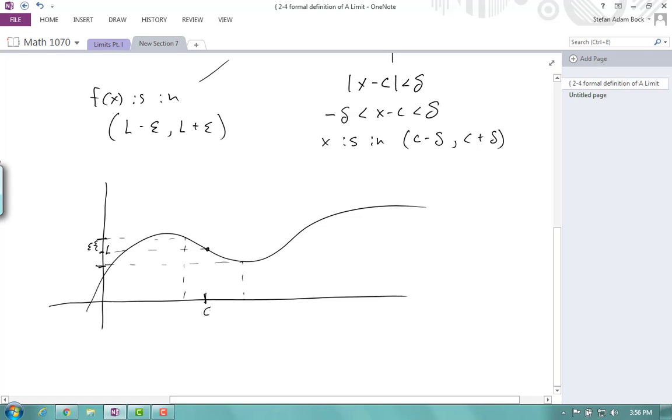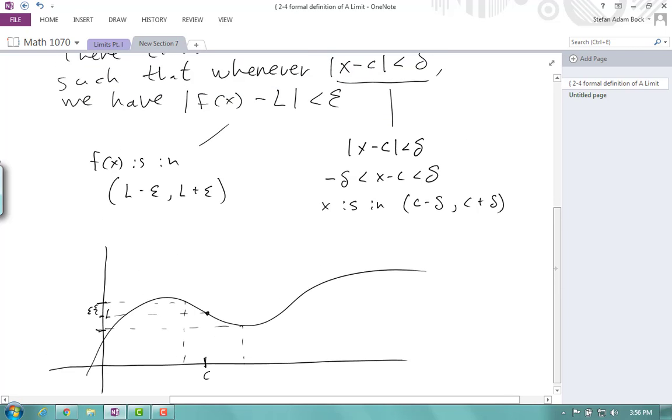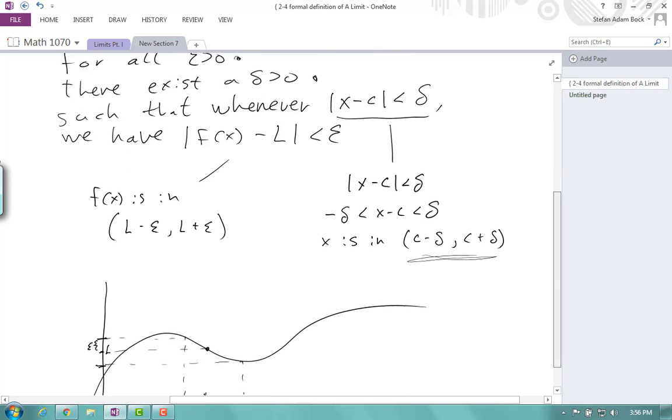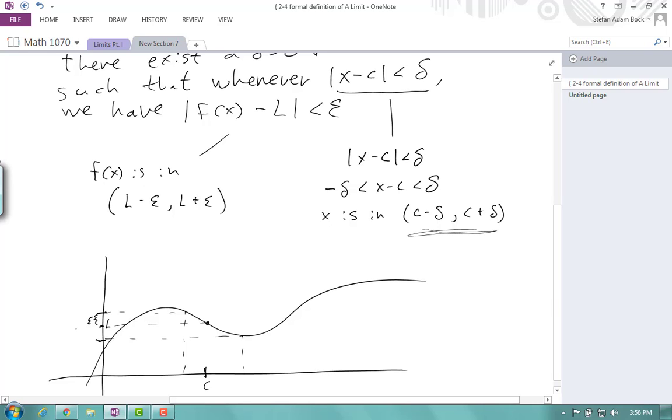Here I have my c down here, but the whole point behind the definition is, regardless of what margin of error I use, I'm going to be able to find an appropriate delta so that any x value that falls inside of this interval down here is for sure going to land inside of my target range up here.